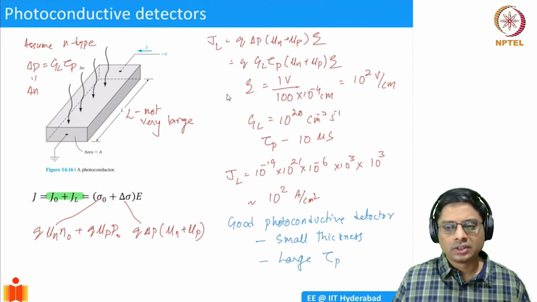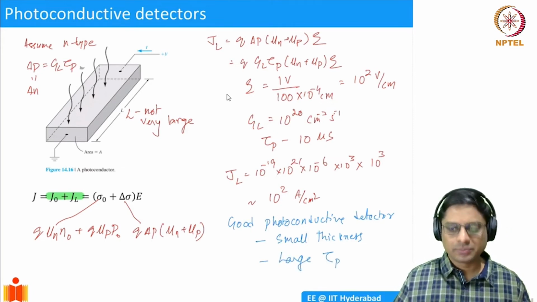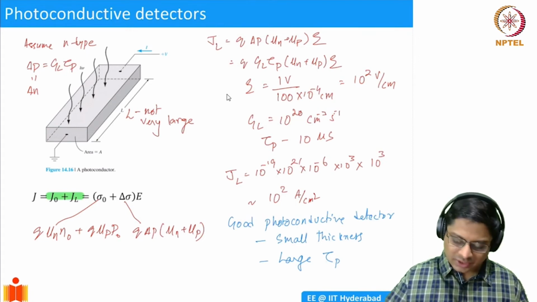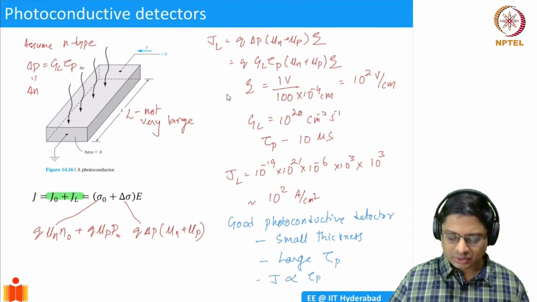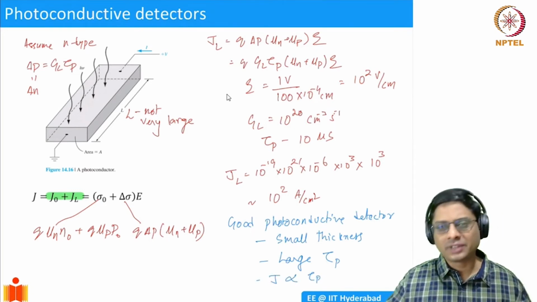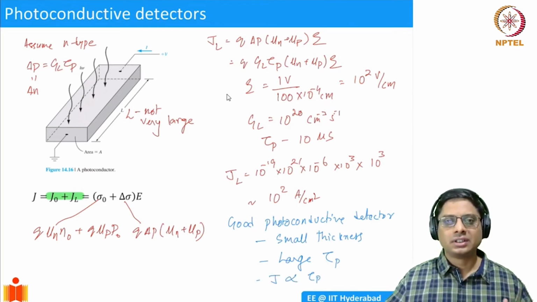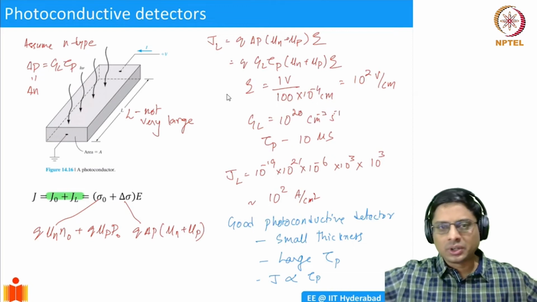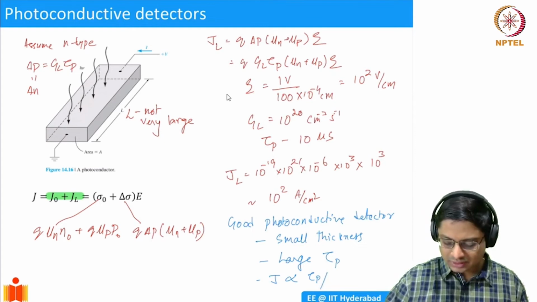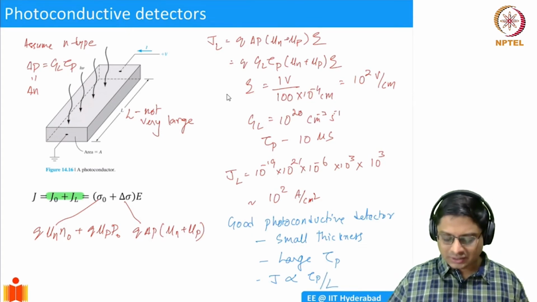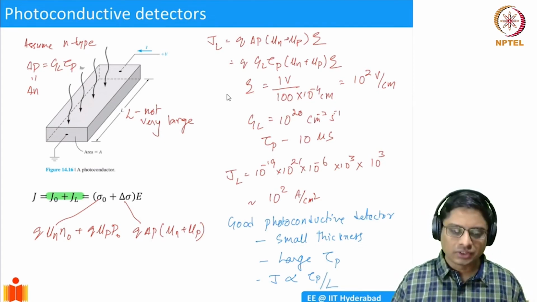If you have small thickness, basically the current that you produce, J, is proportional to tau p, because if you have larger minority carrier lifetime, the carriers will stay longer. The recombination will not happen, so they will actually go into the terminals, and then it's inversely proportional to the length. If you have a small length, then you'll get large current. So both of these things.